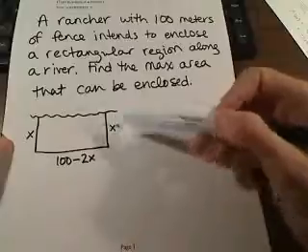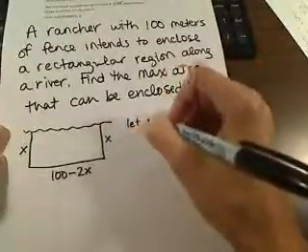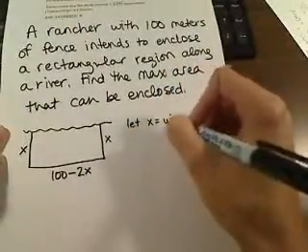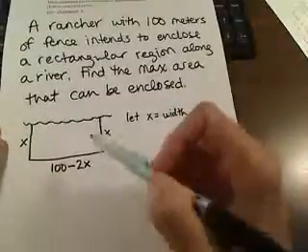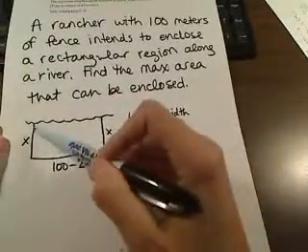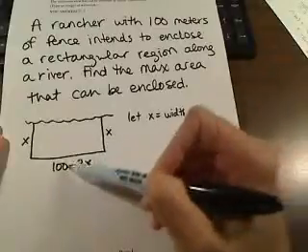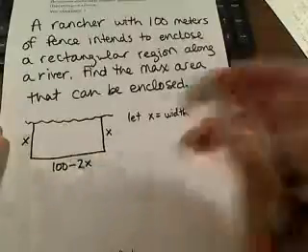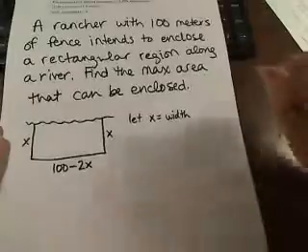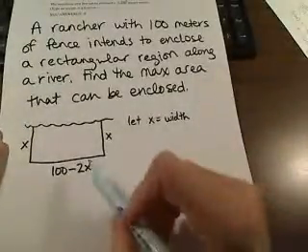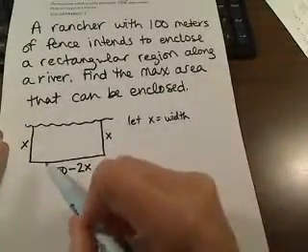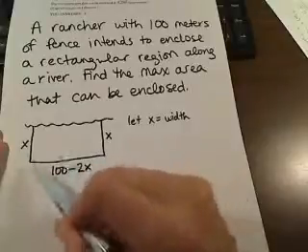So x is the width of this rectangle, and whatever we use here and whatever we use here, we would subtract from the 100 to figure out how much we have left to use right here.